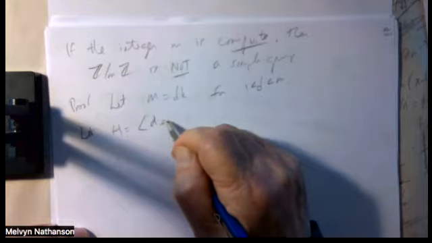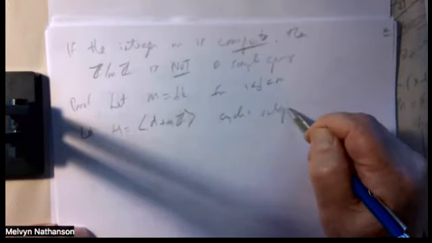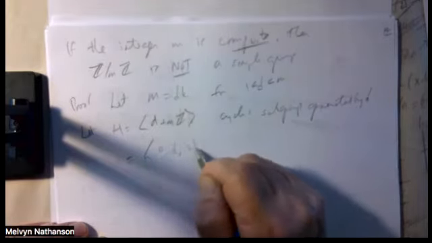So let H be the cyclic subgroup generated by D. So this is all multiples of D: 0 plus MZ, D, 2D, 3D, up to K minus 1 times D. And KD, these are all congruence classes, K times D plus MZ is M plus MZ, which is 0 plus MZ.